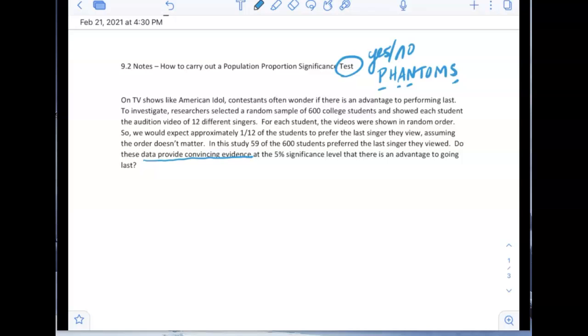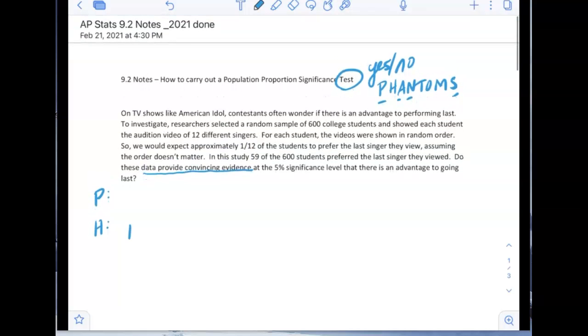So here we go. The first one, just like usual, is we're going to describe what the population parameter is. And then the second one is we're going to write the hypothesis statement. Now, for some reason, I'm usually more comfortable doing the hypothesis statement first. I know that this is a proportion, so I'm going to write the null hypothesis and alternative hypothesis.